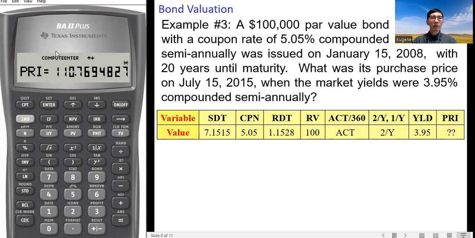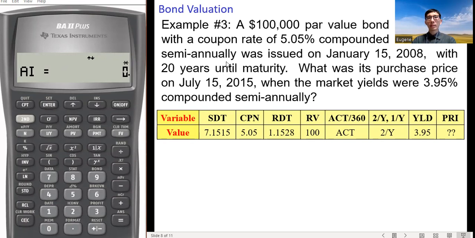And then press the down arrow key again to get the auto-computed result AI, the accrued interest. AI equals 0. And you can justify this from the question. The bond was issued on January the 15th, and the coupon is paid semi-annually.